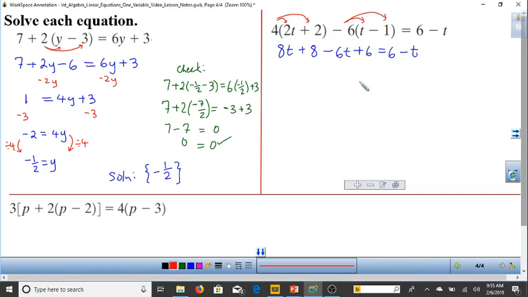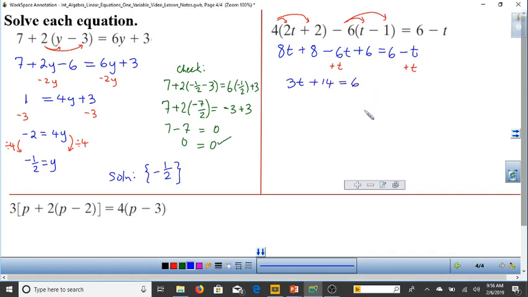In this case, I'm going to move the t that was on the right over to the left side. I'm going to add t to both sides and combine all my t's together. So I have 8t minus 6t plus this new t. That gives me 3t. And then, of course, 8 plus 6 was 14.